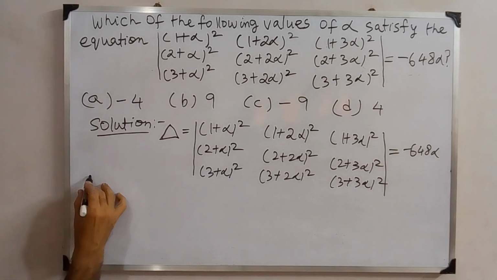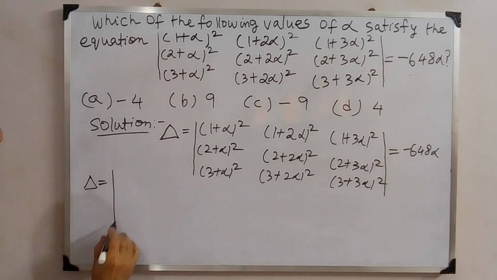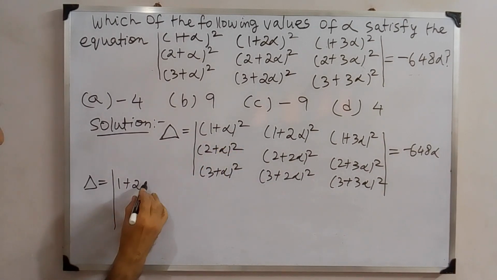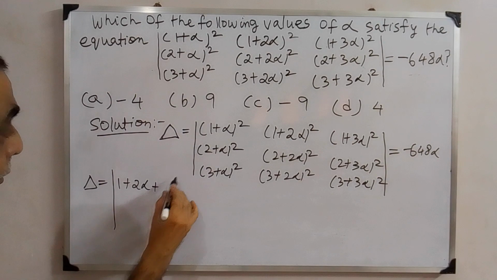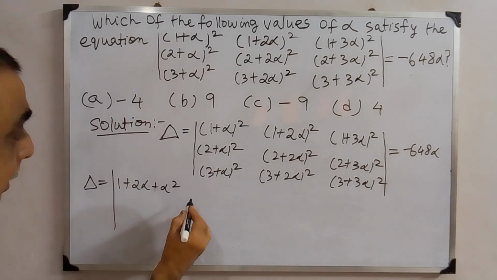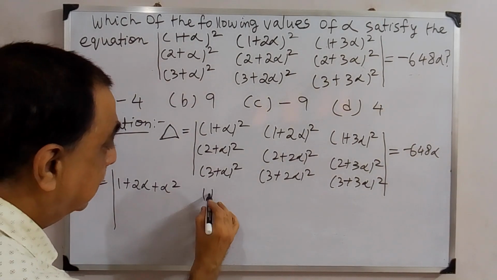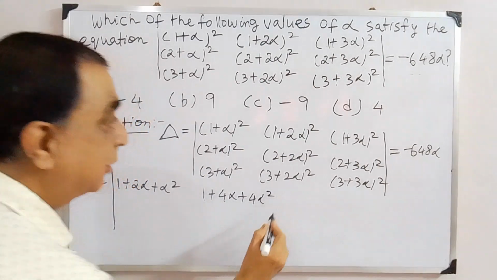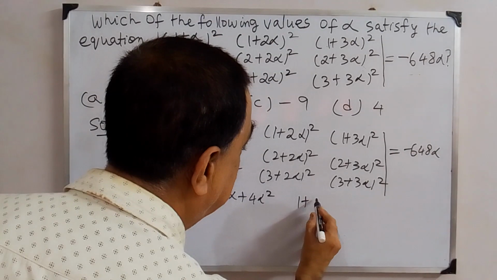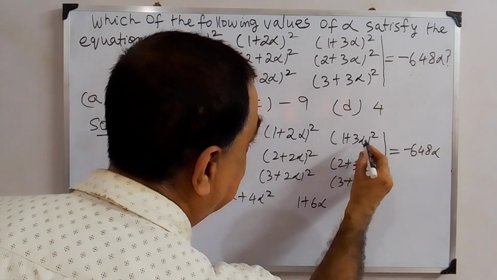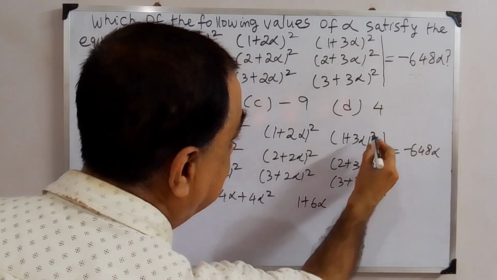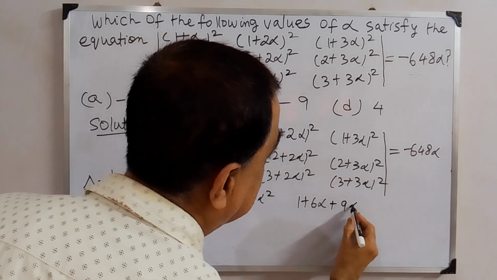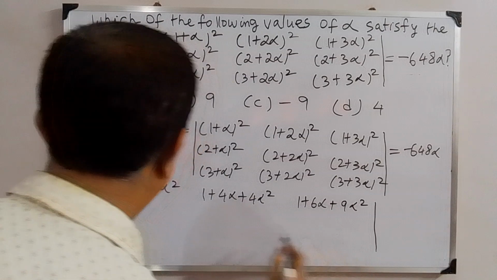So delta becomes: (1 plus alpha) whole squared is 1 plus 2 alpha plus alpha squared. This becomes 1 plus 4 alpha plus 4 alpha squared. This becomes 1 plus 6 alpha plus 9 alpha squared, using the (a plus b) whole squared formula.